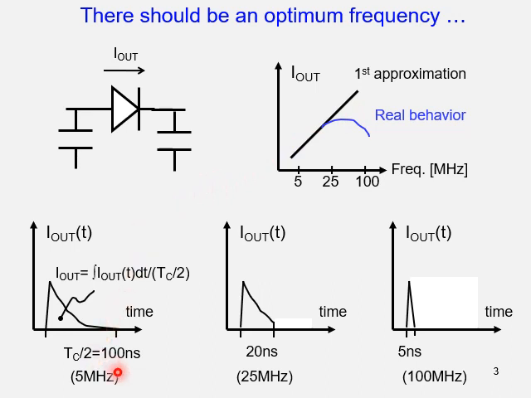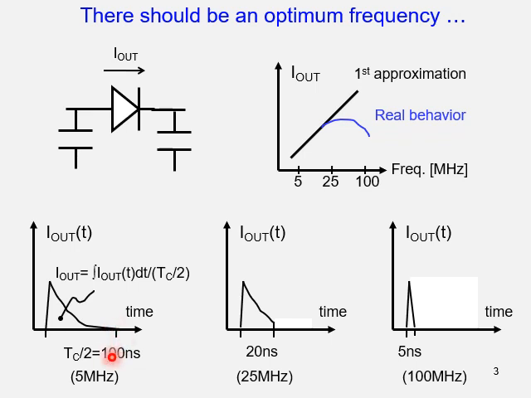For example, starting at 5 megahertz, this is a current profile during a half clock period. The output current spikes at the beginning of the clock edge, then the charge is transferred, then the voltage difference between the two nodes reduces, resulting in a sudden reduction in output current like this.